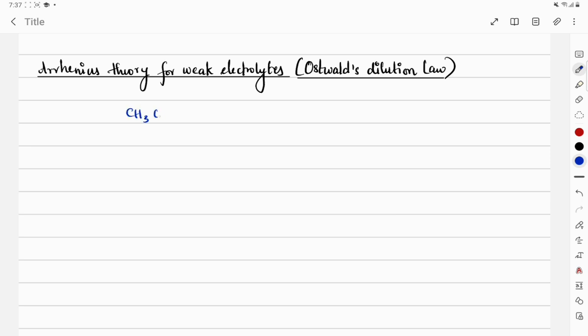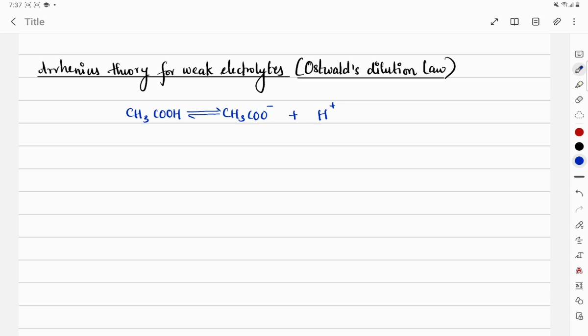Acetic acid will dissociate into CH3COO minus and H plus, and we know this dissociation is not complete. So according to Arrhenius theory, acetic acid will be in equilibrium with its ions. We represent it like this.